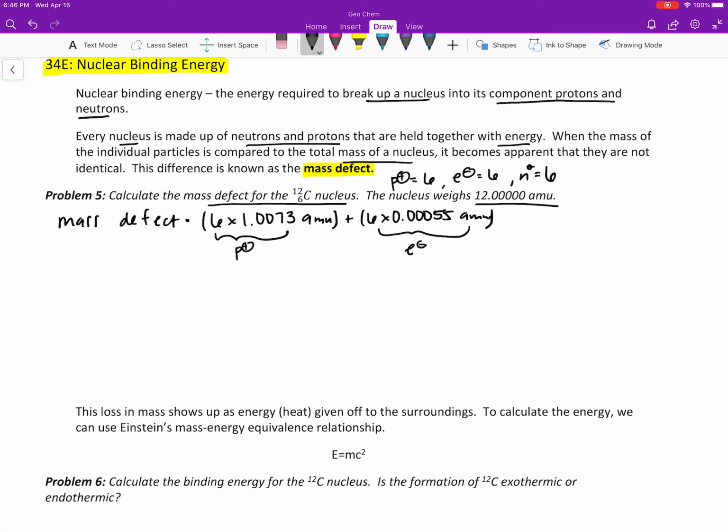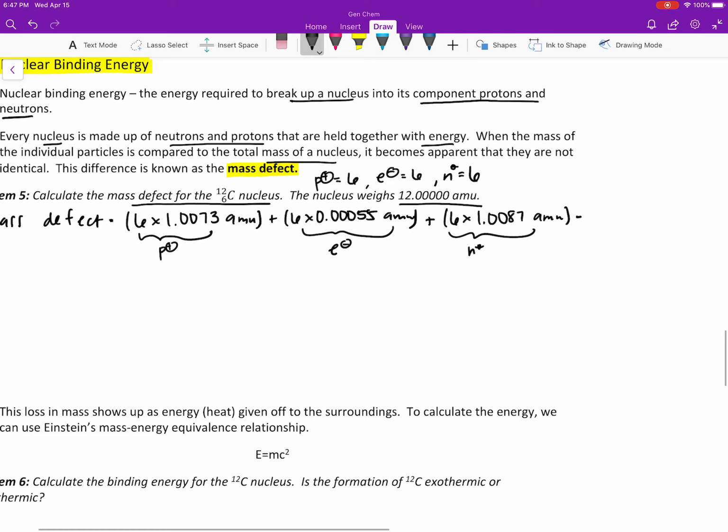Remember, AMU is atomic mass units, which is also equivalent to grams per mole. And then I'm going to add the 6 neutrons times pretty much 1. A neutron and a proton don't have the exact same mass, but it's close enough, about a 0.0015 AMU difference. Unless you're talking about a lot of neutrons and protons, it's not going to have as big of an effect as you think.